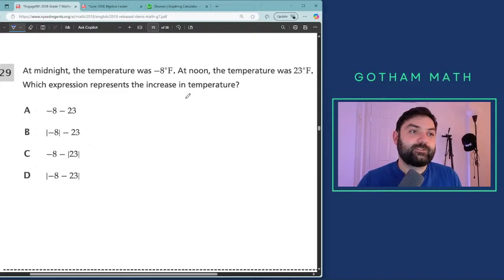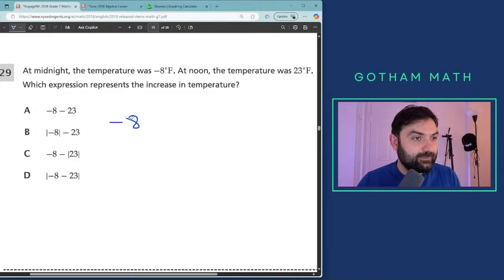Interesting. All right, so I would say same logic, same exact logic. Let's calculate what's gonna happen, and let's just find the same result out of all of those. So it was -8, and then it became 23. So what was the increase? By how much did it go up? From -8 to 23.